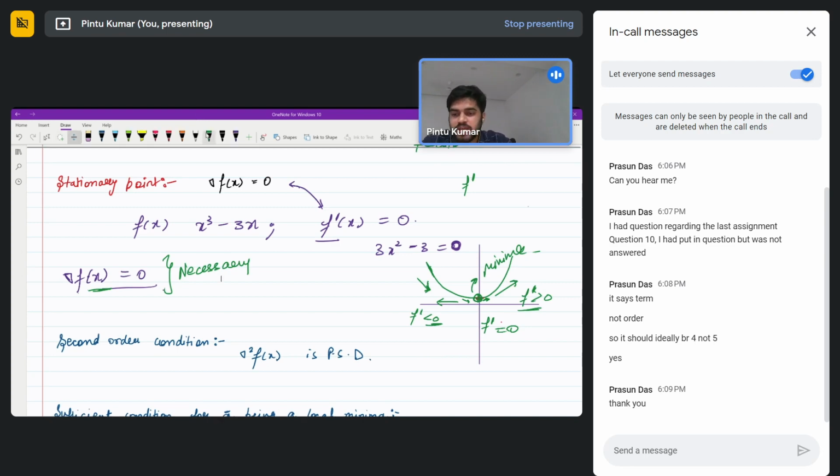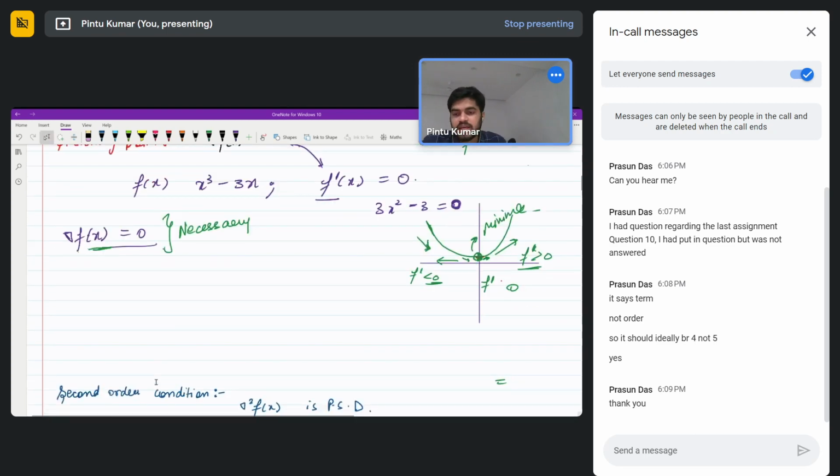It means that if x is a minimum point or a maximum point, then it must satisfy this property, that the gradient of f at x is equal to 0. But there can be other points which satisfy this property but are not a minimum or a maximum point. We can look at it via an example.